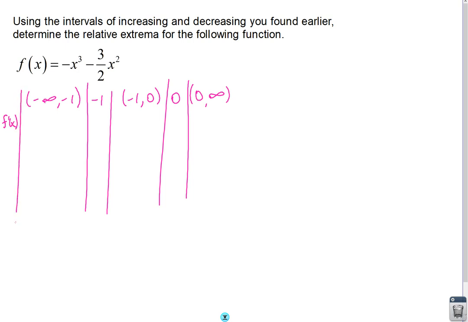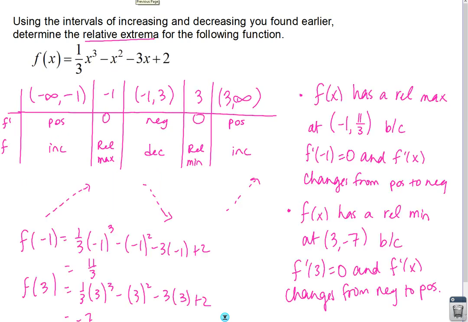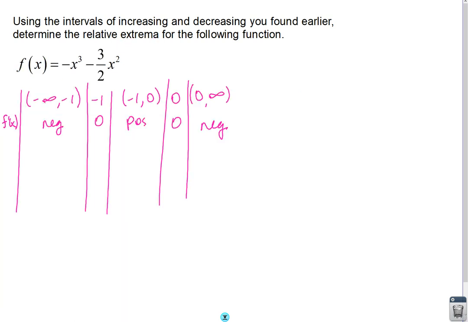We knew that the derivative was negative here, 0, positive, 0, and negative. If I follow the same pattern as on the last problem, wherever the derivative was positive, f was increasing, so f of x is decreasing, increasing, decreasing.